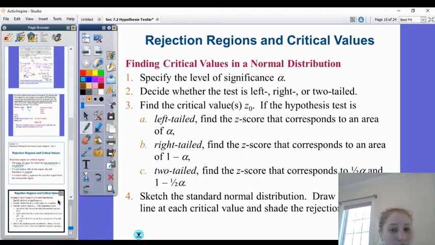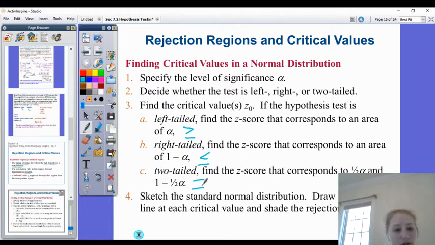Determine whether the test is left, right, or two-tailed. Remember, for a left-tailed test, your H naught is greater than or equal to, a right-tailed test is less than or equal to, and two-tailed is equal to. Then you sketch a standard normal distribution, draw a vertical line at each of the critical values, and shade in your rejection region.